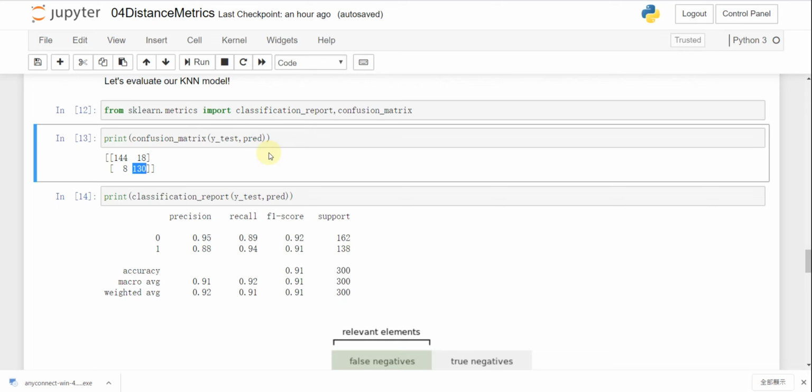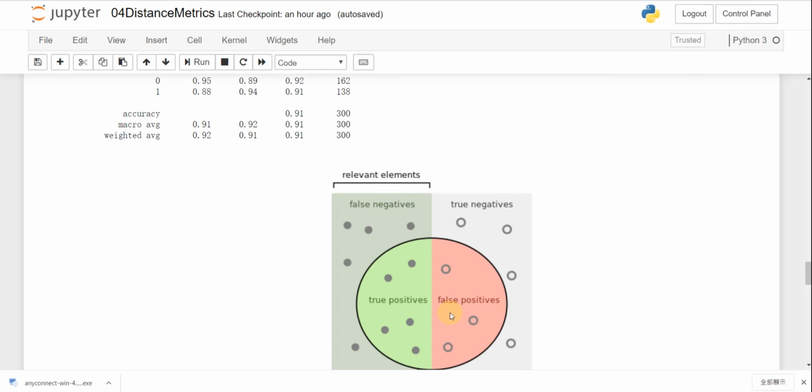If my model classifies the customer as positive, but actually this person is not interested, I classify this person as a positive but actually they are a negative. So this is a false positive.